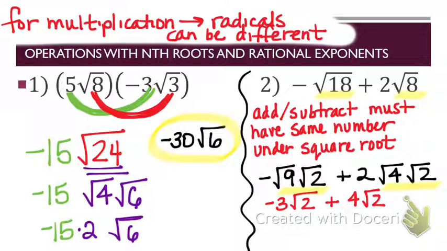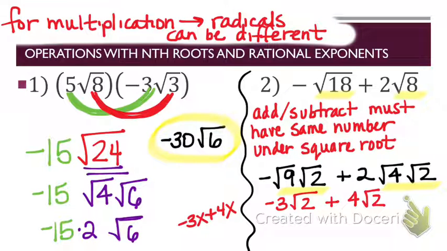Now that they are simplified, they are like terms, so we can add them together. This is the same as saying, if this was written as negative 3x plus 4x, because they're like terms, you would just add the number in front. That's exactly what I'm doing right here, because it's simplified to have the same number.